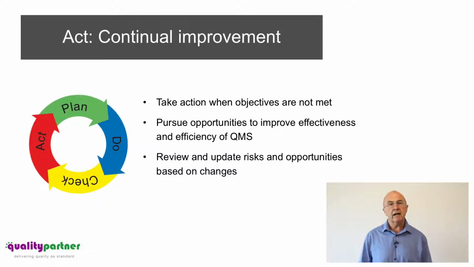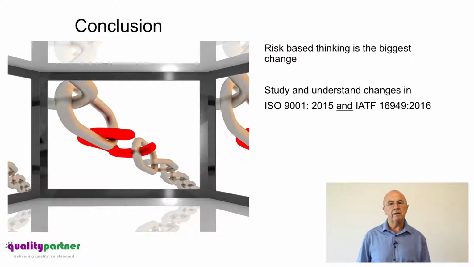As part of ACT, we need to make sure that we are continually looking at how these changes affect risk and opportunities. And as part of the Plan, Do, Check, Act cycle, we are updating our risk and opportunities and building any necessary controls within the quality management system to make sure that the customer and the interested party requirements are met.